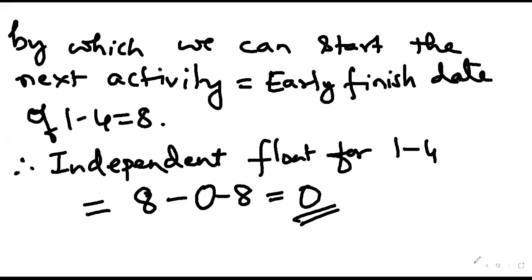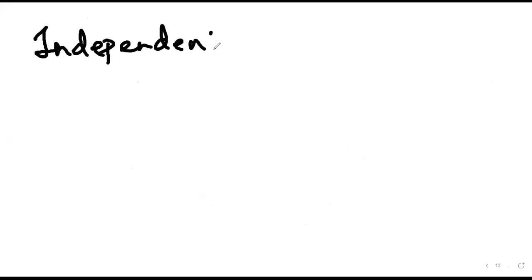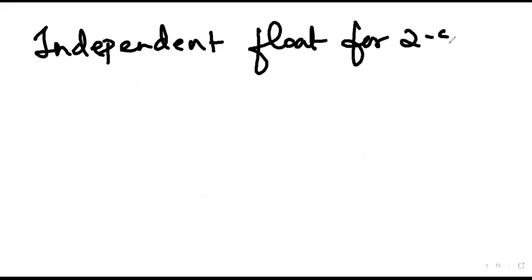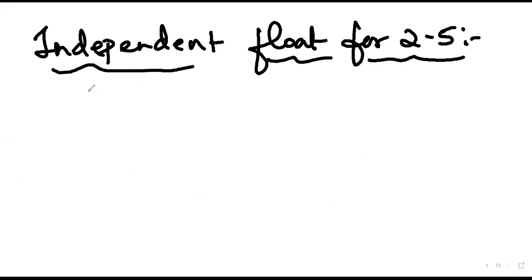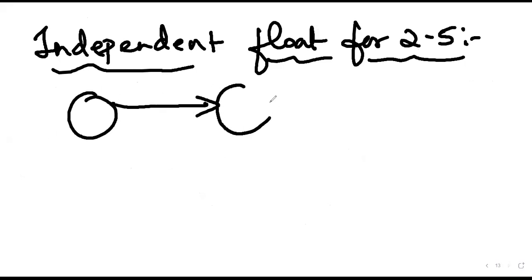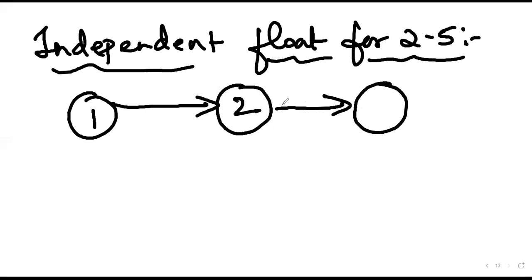Okay, next comes the 2-5 activity. I'm going to the next calculation. Independent float for 2-5. What is the previous activity for 2-5? 1-2.